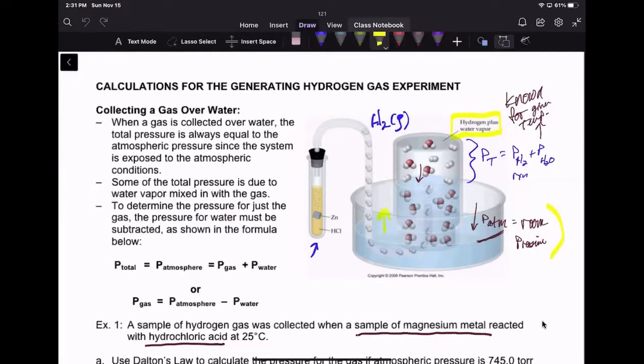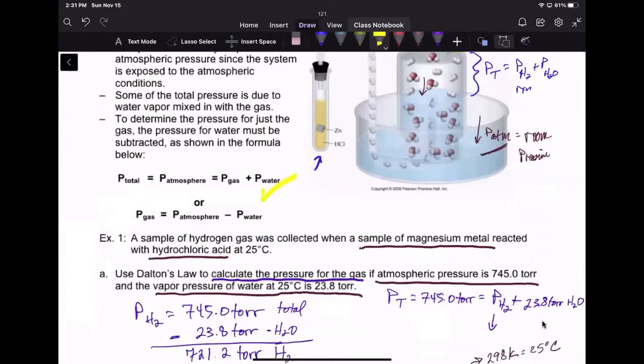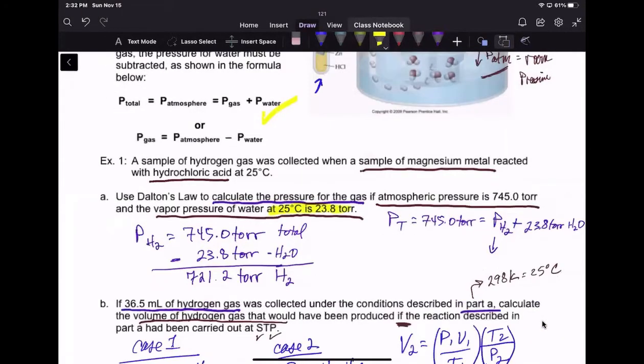So we'll set that total pressure inside the contained volume equal to the atmospheric pressure that we measured. We will use the known vapor pressure of water at the given temperature, which is 25 degrees, 23.8 torr, and solve for the pressure of just the hydrogen gas.